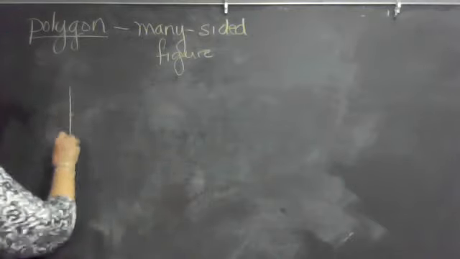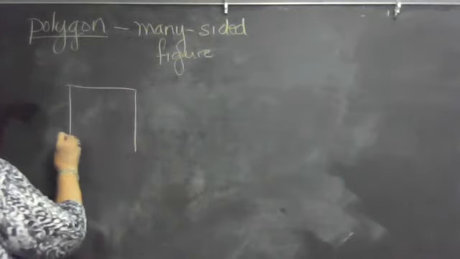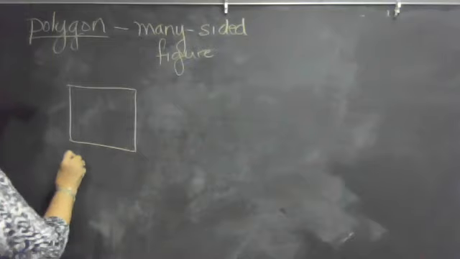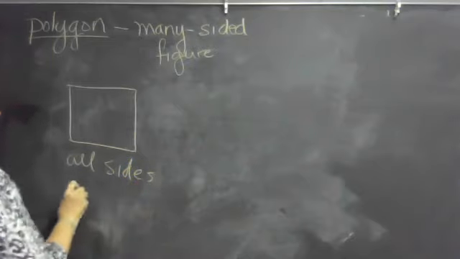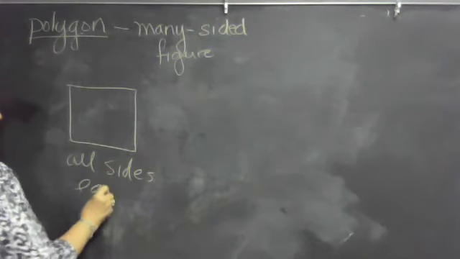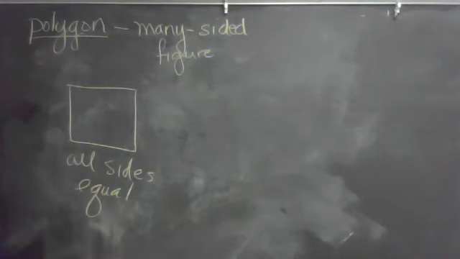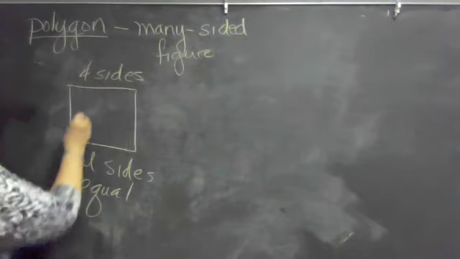A square says that all sides are equal. Okay? There are 4 sides. This is a square.